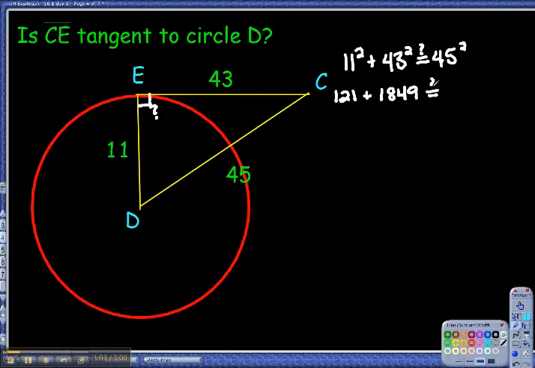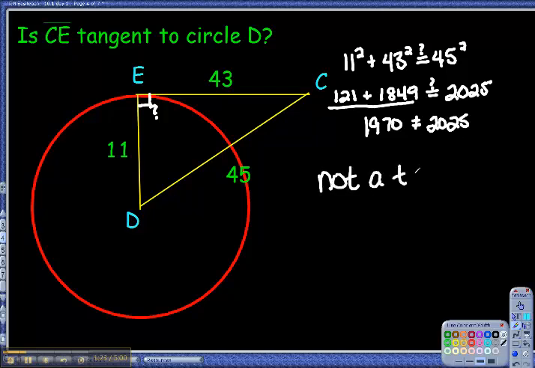So the question is, does that equal our 2,025? Well, no, it does not. If you add those two together, you get 1,970, which is not equal to 2,025. So because they're not equal, we know that this is not perpendicular. Therefore, we can say that it is not a tangent. Okay? Next one.